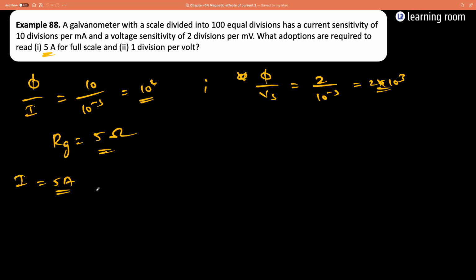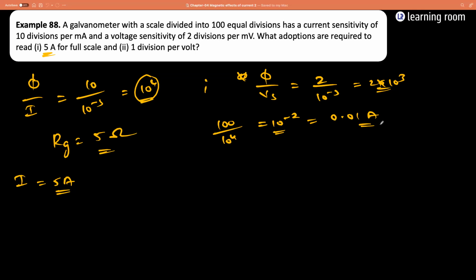No, sir, it will be 100 divided by 10. Is it not 10 power 4? Okay, milliampere. So it is 100 divided by 10 power 4, which is 10 power minus 2, that is 0.01 ampere.